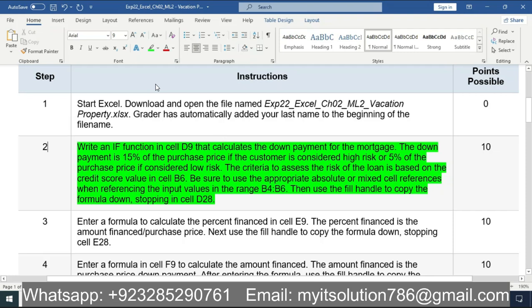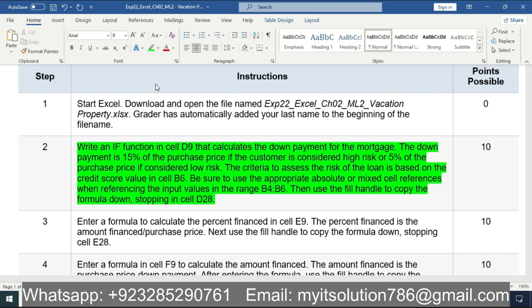Our step number 2 is write an IF function in cell D9 that calculates the down payment for the mortgage. The down payment is 15% of the purchase price if the customer is considered high risk, or 5% of the purchase price if considered low risk.